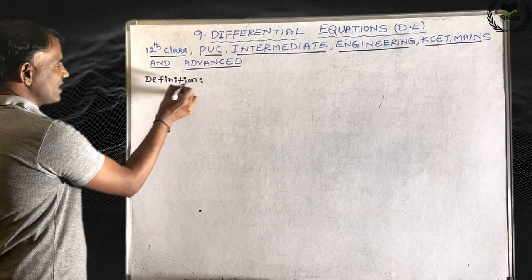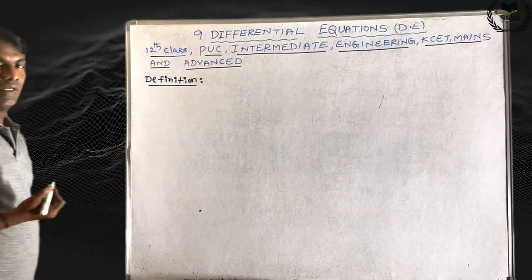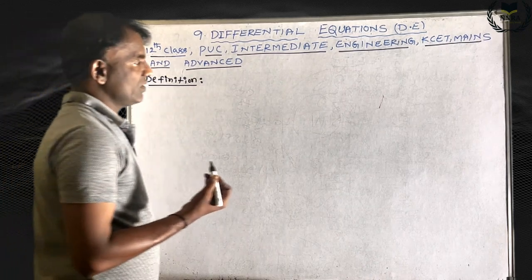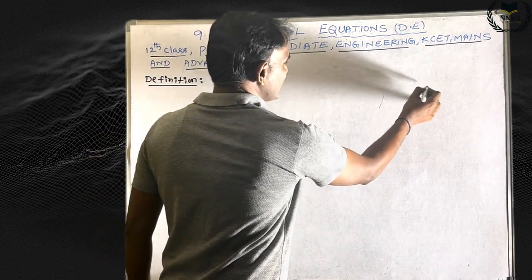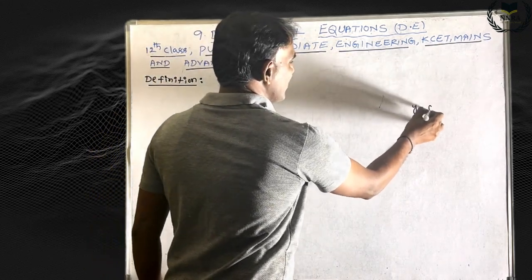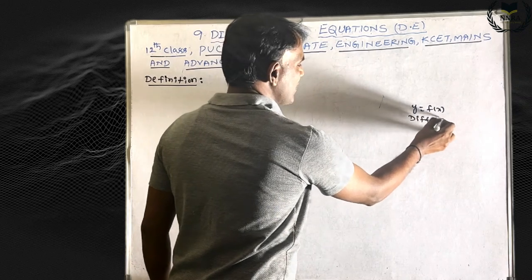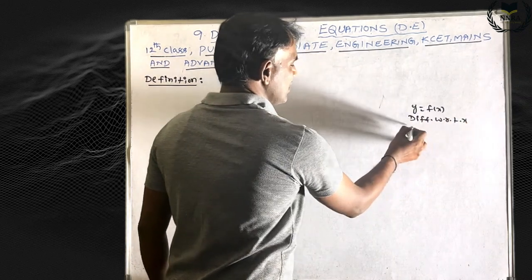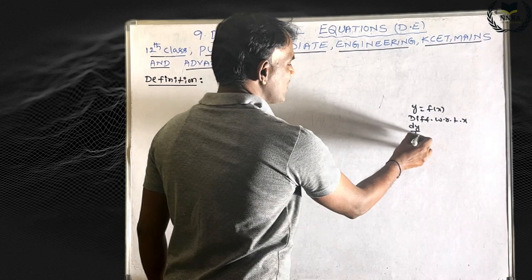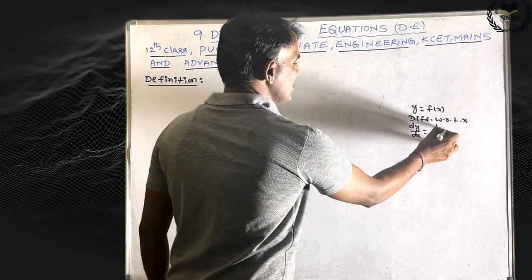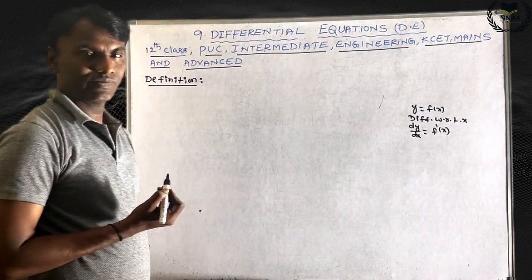So this is the definition. Here is one given curve, y equal to f of x, right? Now differentiating with respect to x, the derivative of y with respect to x is dy by dx, and it is f dash of x.